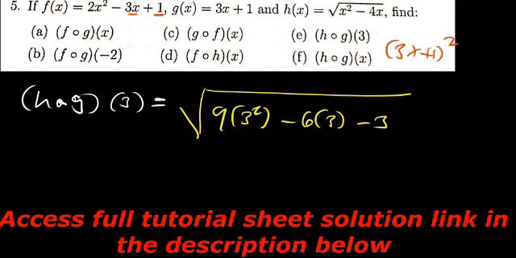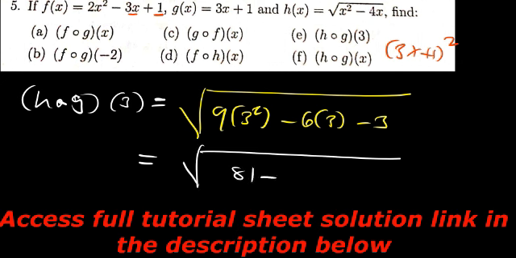So then it will be 9 times 9 is 81, minus 18 minus 3. So now we have 81 minus 18. We can just say 81 minus 21. Okay, 81 minus 21. That is going to be 60.